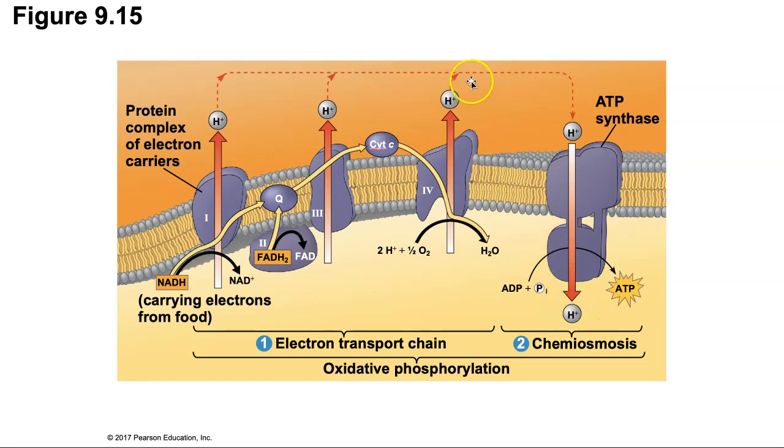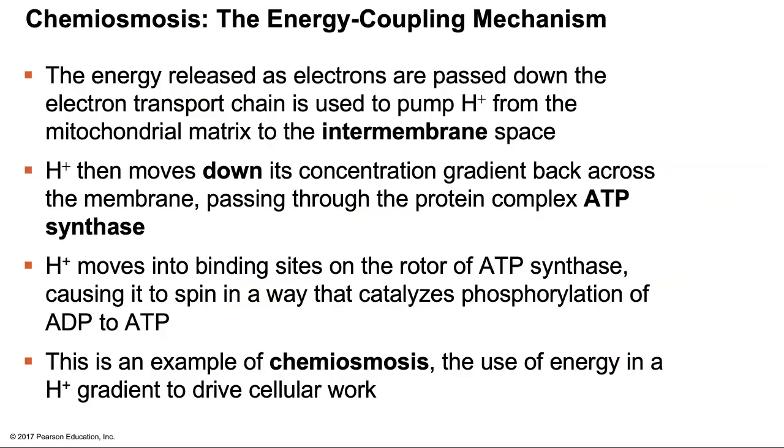So we say that the proton motive force, it's like the middle step, right, is what's coupling. Coupling just means like attaching, connecting. So this proton motive force, this gradient, couples the electron transport chain with the production of ATP. And again, make sure you know what chemiosmosis is. Chemiosmosis, the energy coupling mechanism.